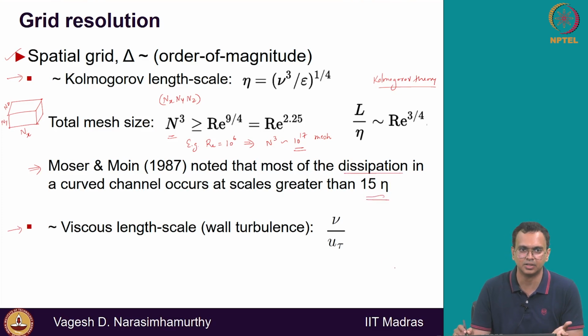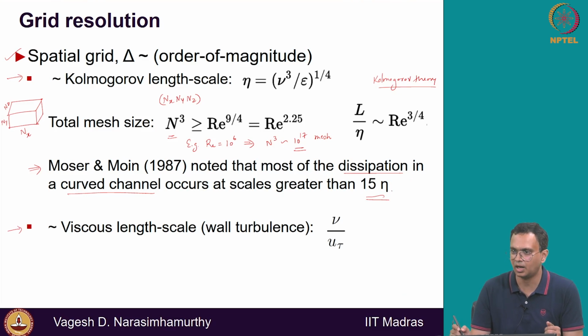But these are of course special flows. So in general, it's better to look at delta compared to Kolmogorov length scale eta. This is only a result of a particular problem where you see that dissipation occurs at 15 eta. So that means a 15 eta mesh is fine.